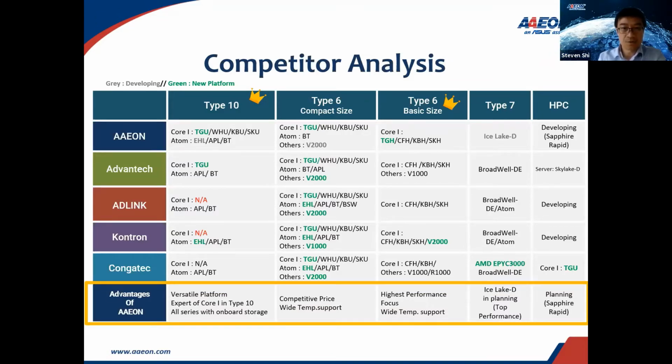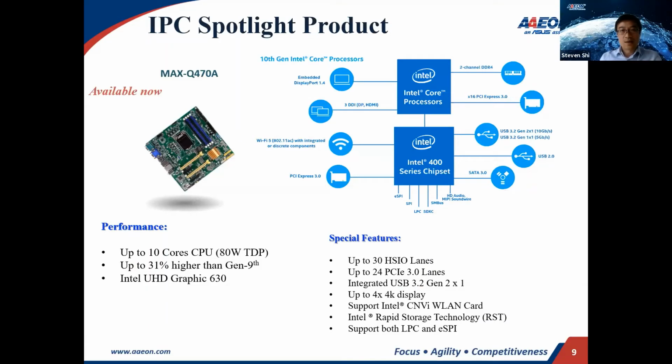Comparing with peers, we have more updated platforms. And for the COM-HPC I just mentioned, we are now developing the Sapphire Rapids platform, which is actually a next generation Xeon type processor. So that ends the COM Express products.